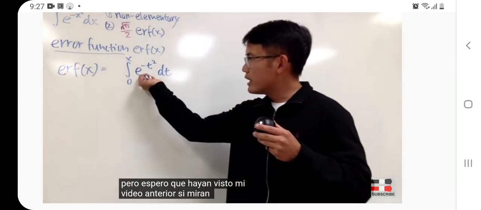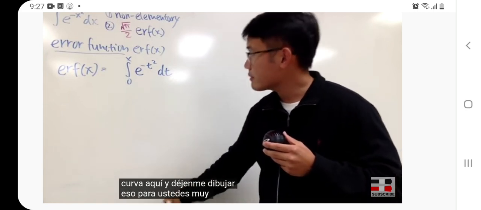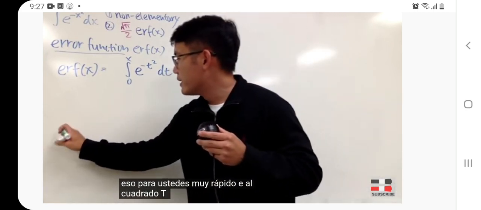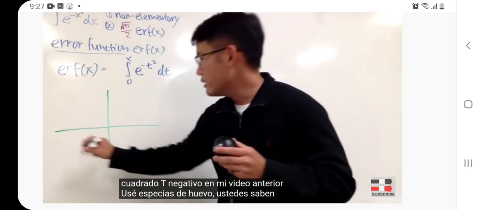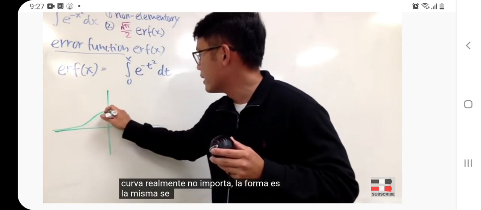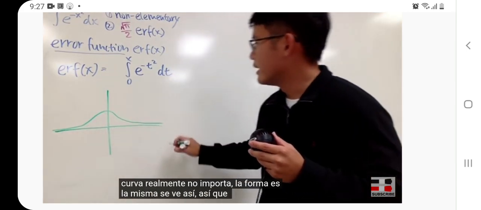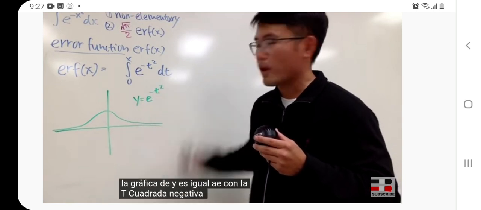But hopefully you guys have seen my previous video. If you look at this curve right here, let me just draw that for you real quick. e to the negative t squared. In my previous video, I used x, but in terms of the curve, it doesn't really matter. The shape is the same. It looks like this, okay? So this is the graph of y equals e to the negative t squared.